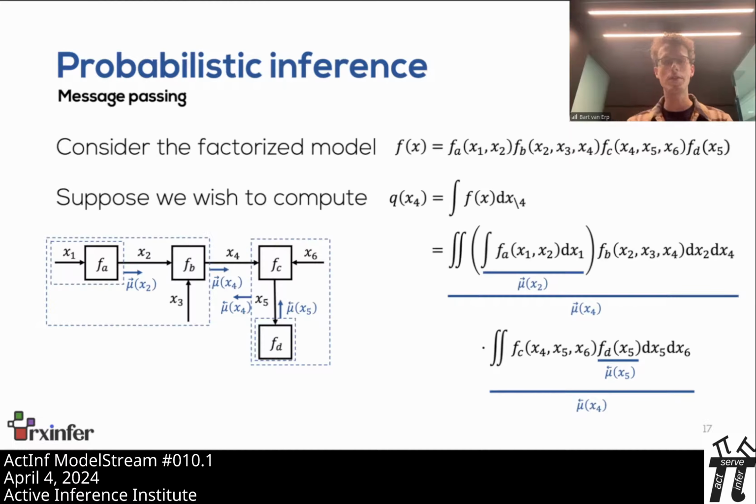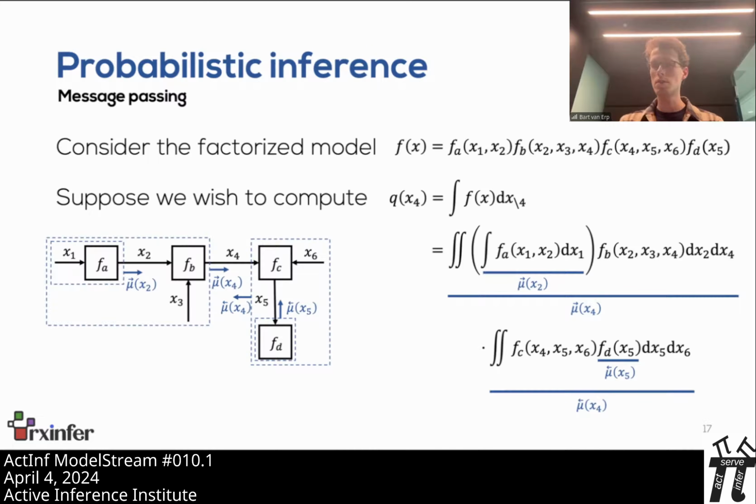You can think of this message as a summary of a particular part of the graph. And we can iterate this a couple of times. So this message mu of x2, if we propagate that into the next node, fb, and we solve the corresponding double integration over now x2 and x3, we get a new message, mu of x4.